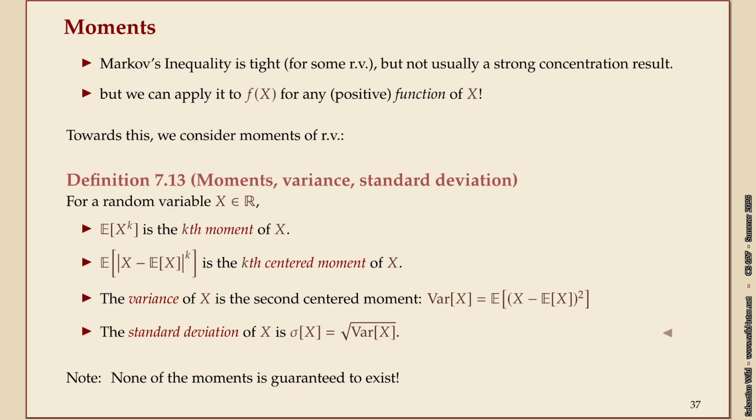So the first version of this applies it to essentially the difference from its expected value. For that, we should define moments of random variables briefly. Given a random variable, the kth moment is just the kth power, and then taking expectations. So the expected value is just the first moment.